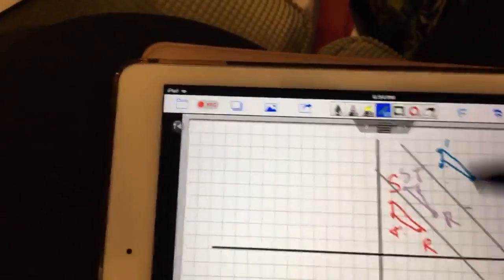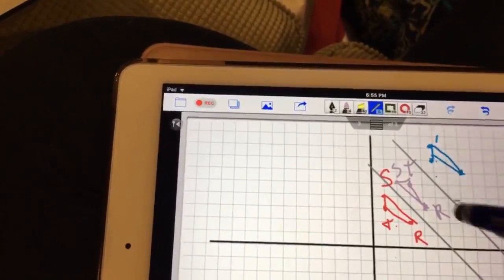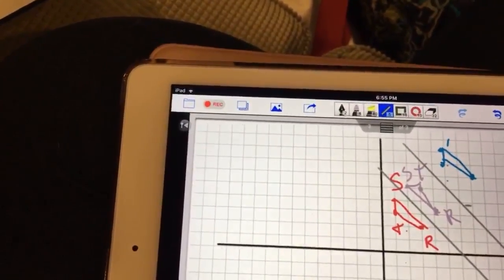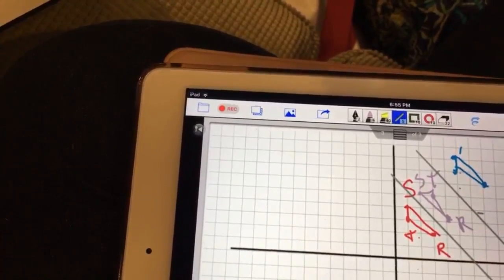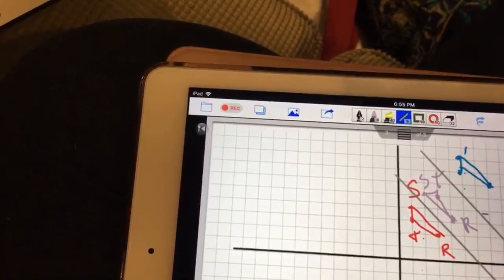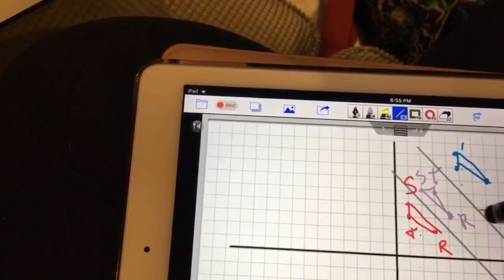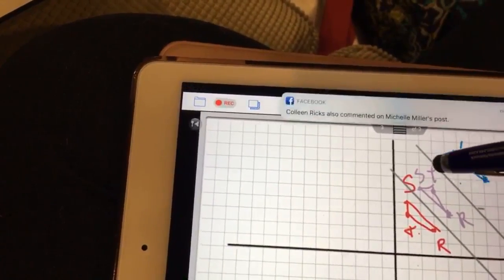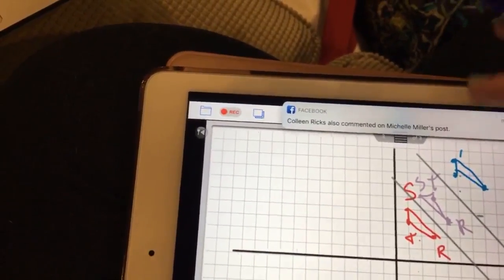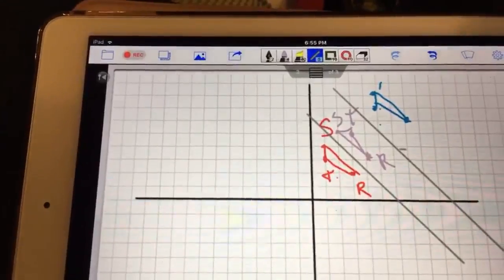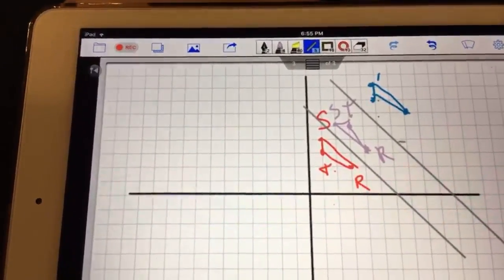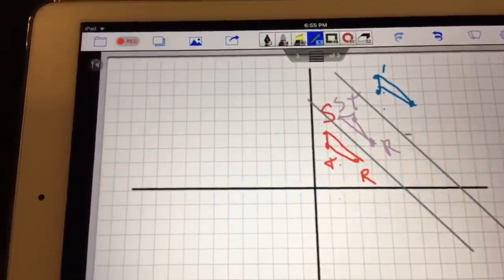so let's figure out what this line is. This would be 1, 2, 3, 4, 5, 6, 7, 8, 9, 10. That would be the line negative x plus 10.